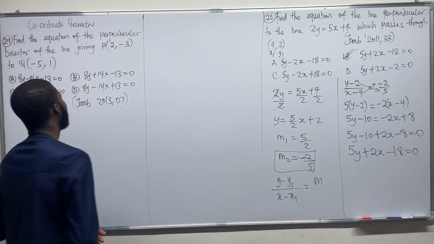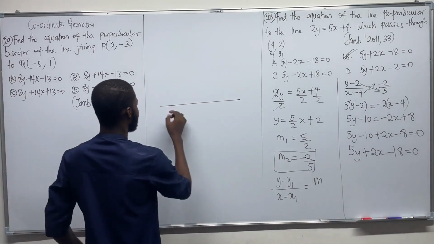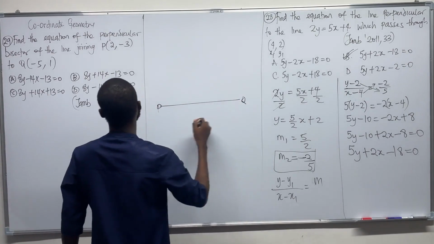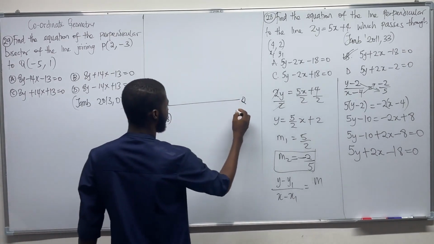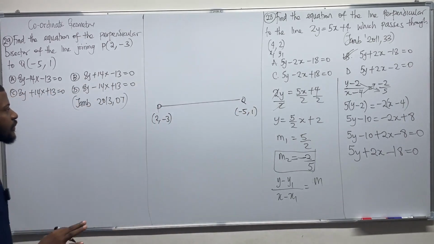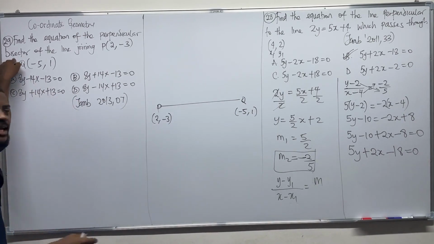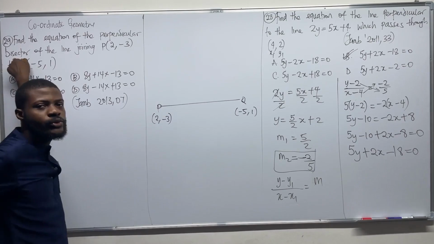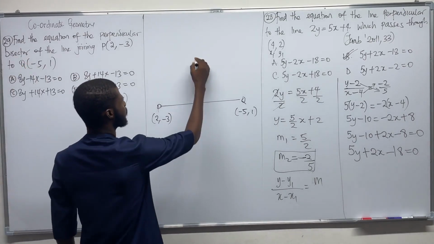So first of all, what is a bisector? So let me draw PQ here. Let us imagine that this is PQ. So P is 2, comma, minus 3, and Q is minus 5, comma 1. Now, this says that there's a bisector. A bisector splits something into 2. So it divides this line into 2. So there's a line here.